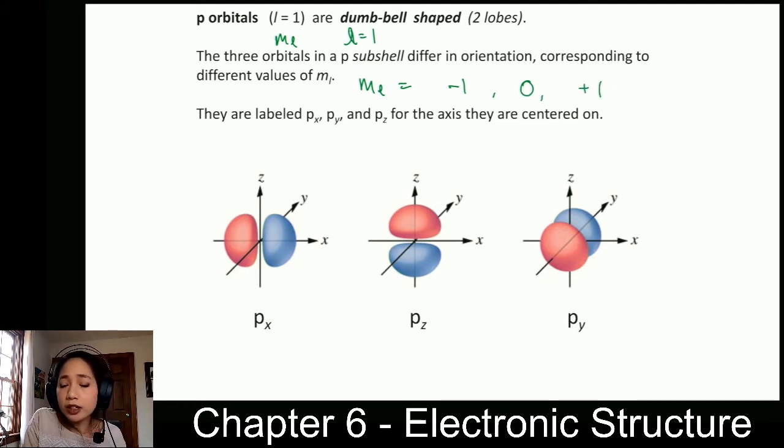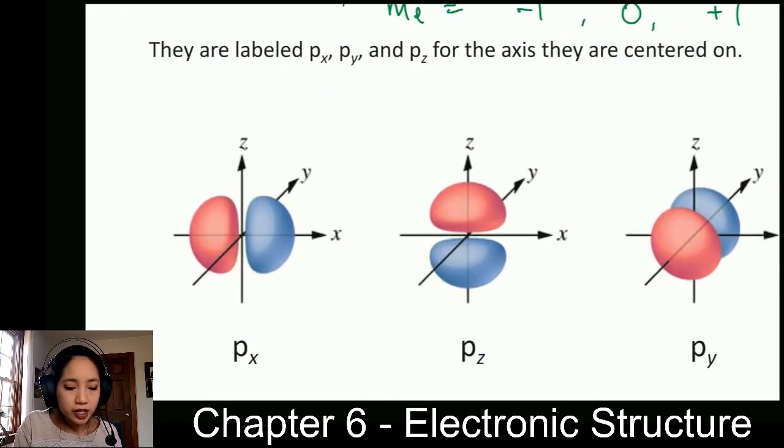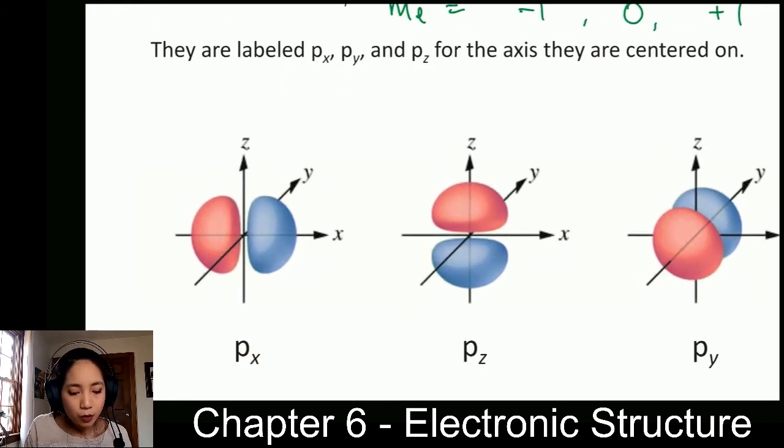Each one of these ml values is a different orientation, and we label these with a subscript based upon the axes that they are centered on. With these dumbbell shapes, when ml equals -1, this is our p subscript x orbital. It's subscript x because the dumbbell lies on the x-axis.